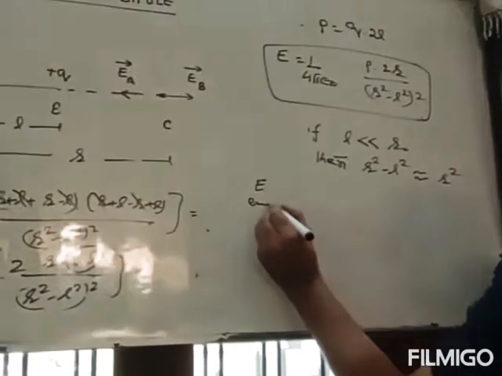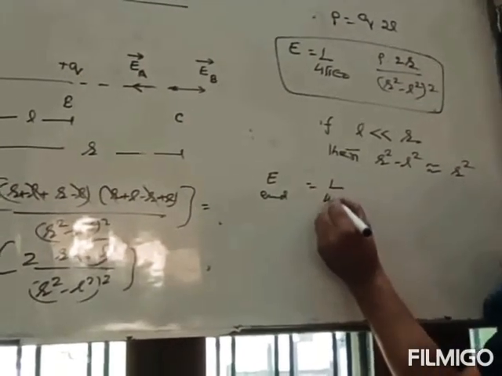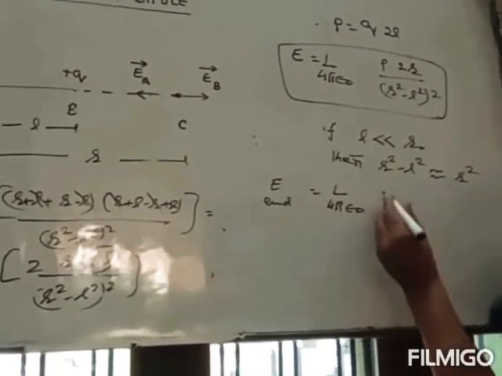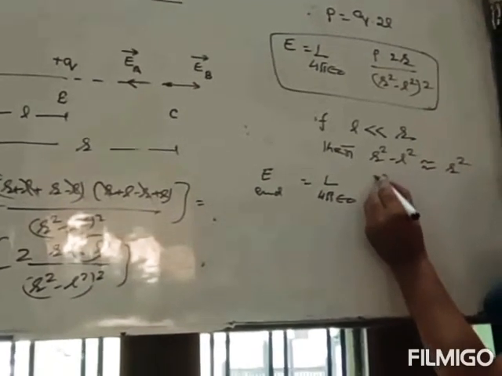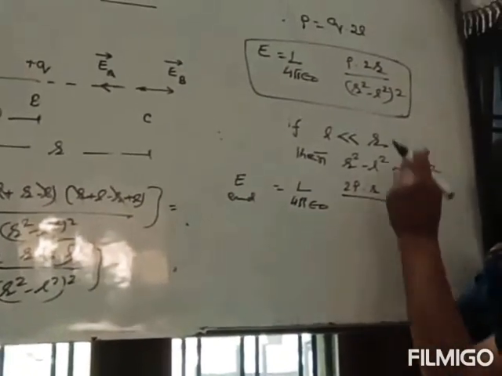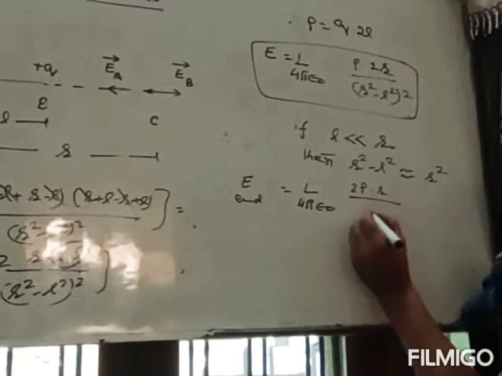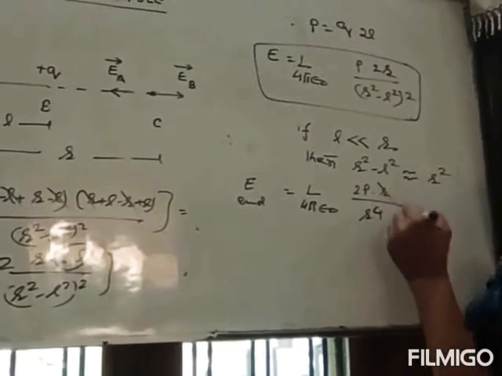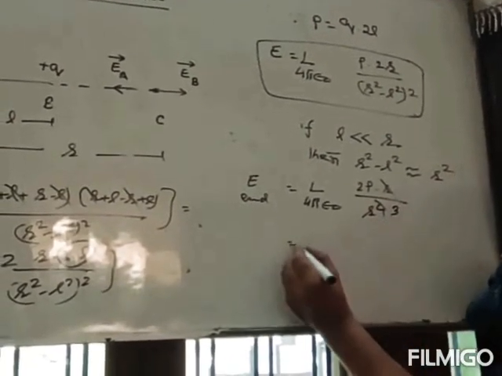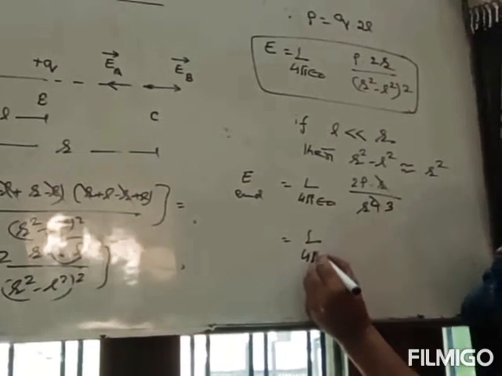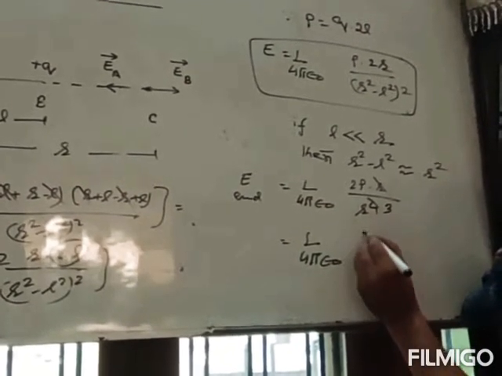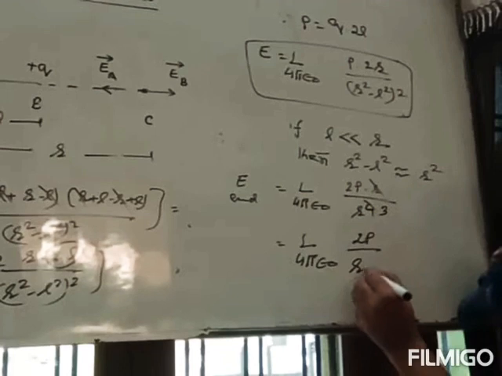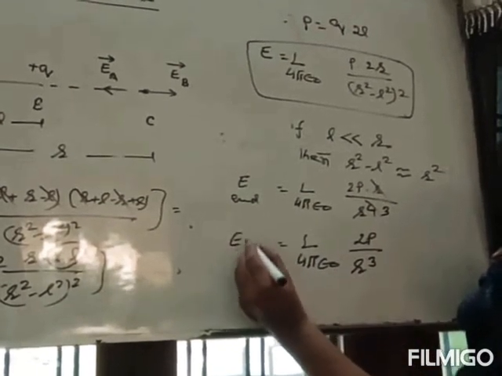So it becomes 1 upon 4 pi epsilon 0 into 2p into R, and R by R power 4 gets cancelled, so it becomes R cube. Finally you will get 1 upon 4 pi epsilon 0 into 2p by R cube.